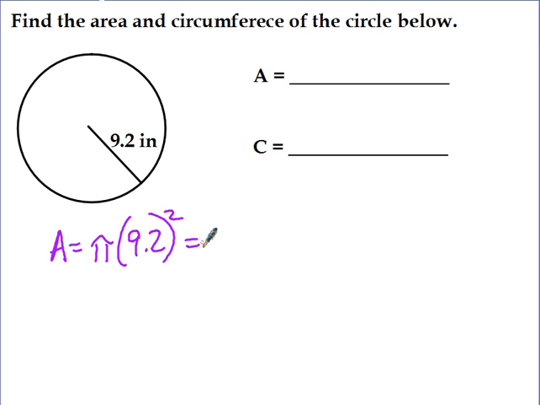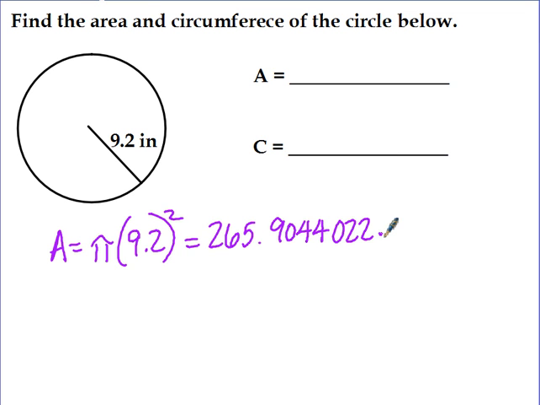So if yours is off by a tenth, that's okay. You probably used 3.14. So when I multiply this all out, I get 265.9044022, and it keeps going forever.